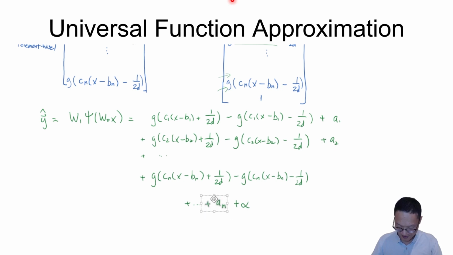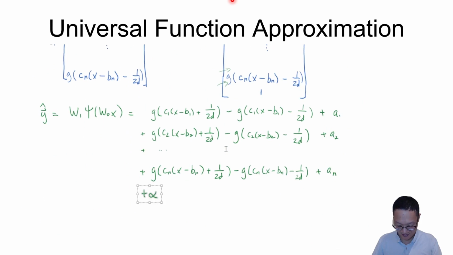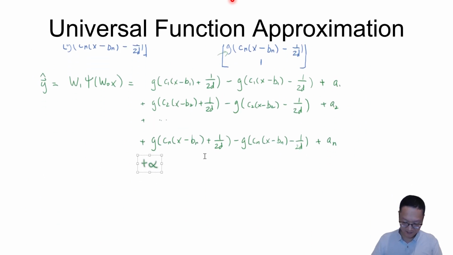And then the AN goes over here. And now the other A's are going to be in here, in the middle part. So then we don't need this part. And then in the end we have the plus alpha. The alpha, remember, is shifting the gray function. Shifting this gray function down, that's what the alpha is doing. Right? So now this is exactly what we want.